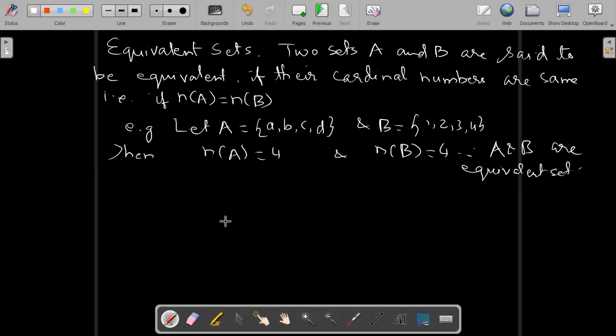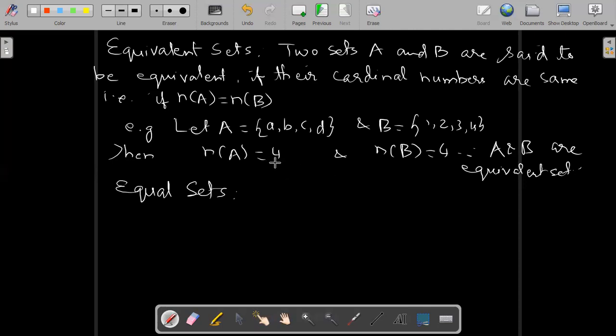So we can have some questions also, but we are doing equal sets now, then we can complete the types of sets. Two sets A and B are said to be equal if they have exactly the same elements. Obviously, the cardinal number will be the same and the elements will be the same.